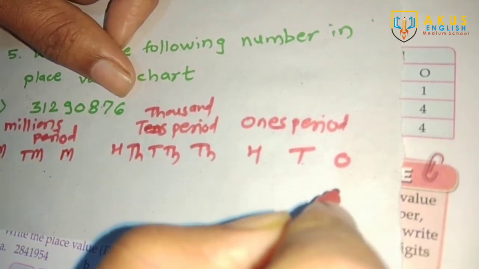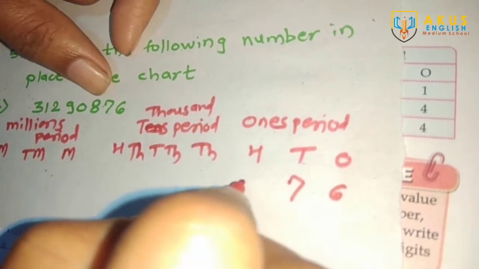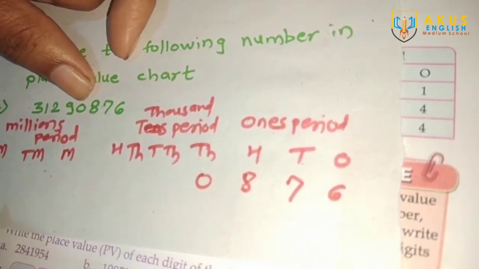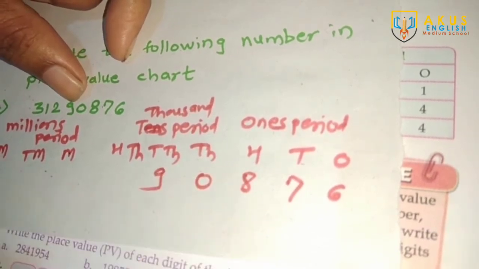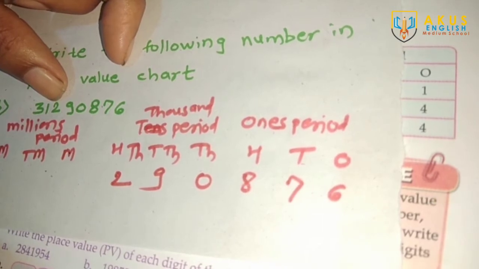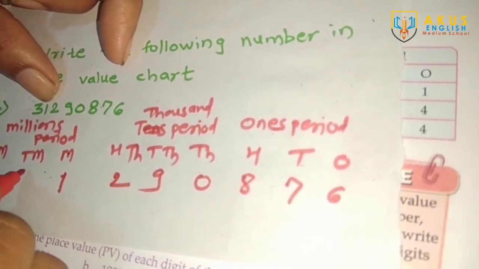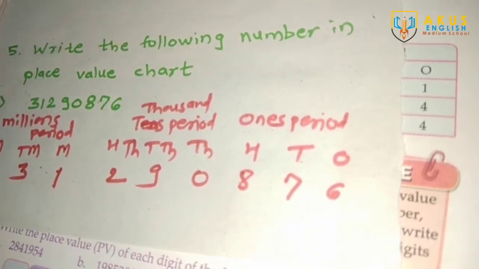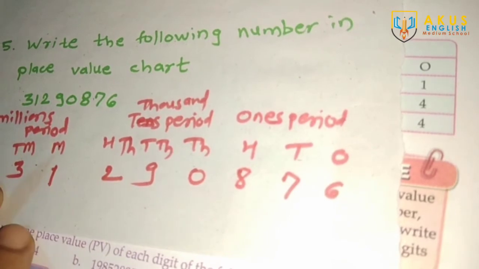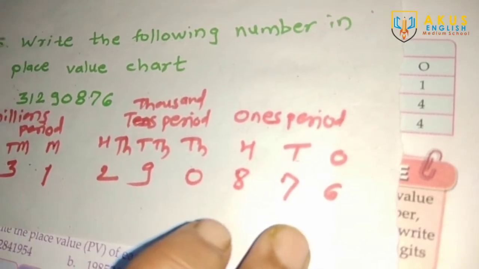So 6, place of ones. 7, place of 10. 8 in the column of 100. Then 0 in the column of 1000. 9 in the column of 10,000. After 9, 2, that is 100,000. Then 1 in the column of million. And last one, that is 3 in the column of 10 million. So in this way we can put the given numeral in place value chart.